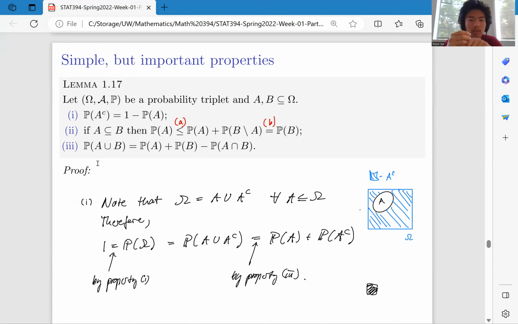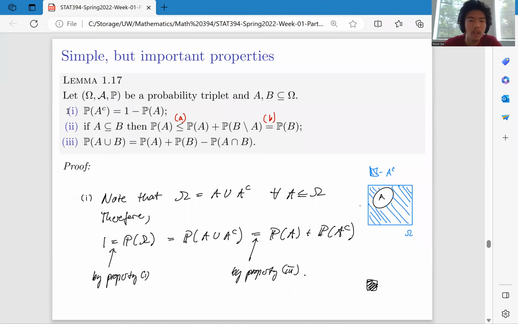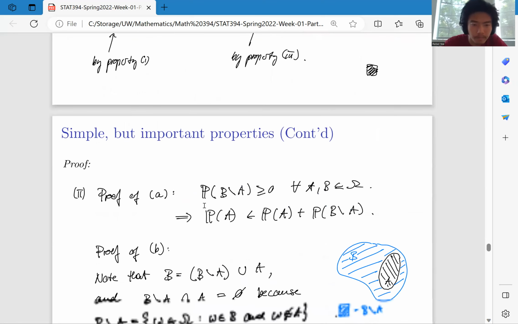And we're also going to see if we can prove the second property, that is, if A is a subset of B, then P(A) is smaller than or equal to P(A) plus P(B minus A), and this term is equal to P(B). So this property has two parts. The first part is this inequality, and the second part is this equality. We will deal with the inequality first.